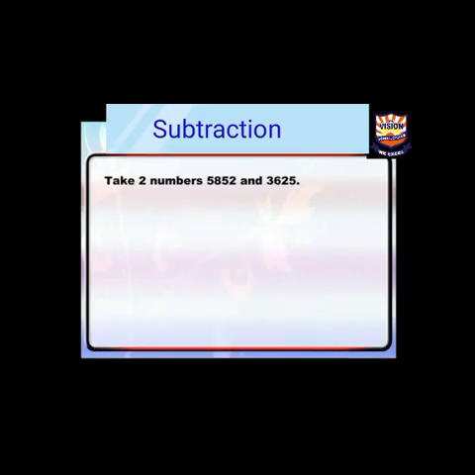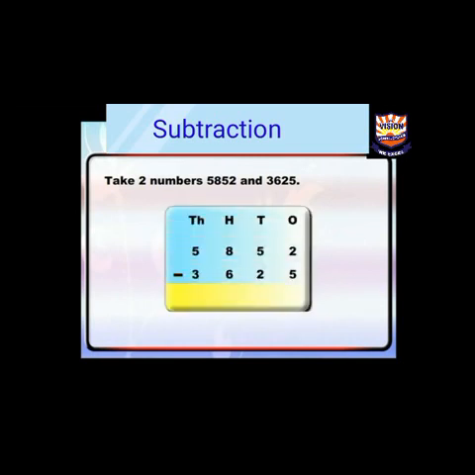Let me give you a second example in which 5852 is the greater number and 3625 is the smaller number. So we will write the greater number upside and the smaller number downside. Now we will start subtracting numbers, but we know that 2 is a small number and 5 is a greater number, so we cannot subtract 5 from 2.